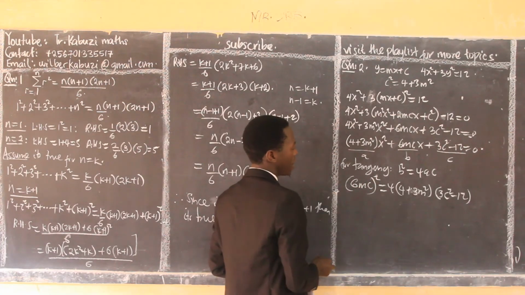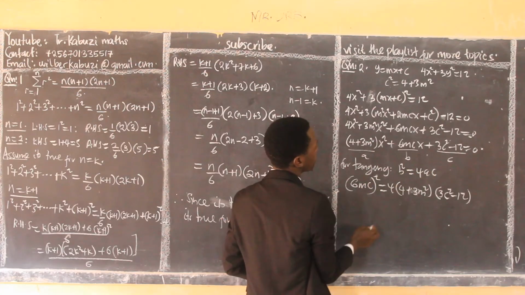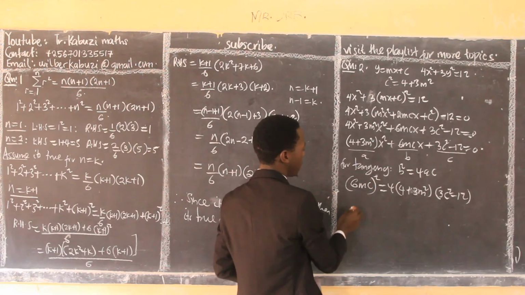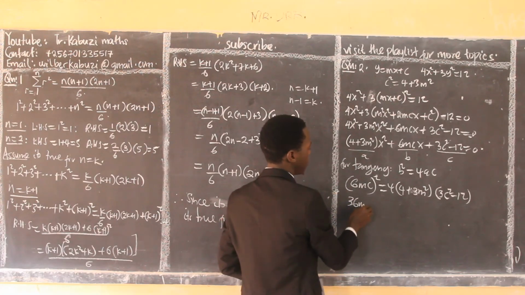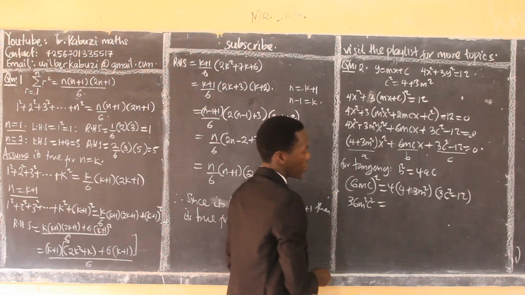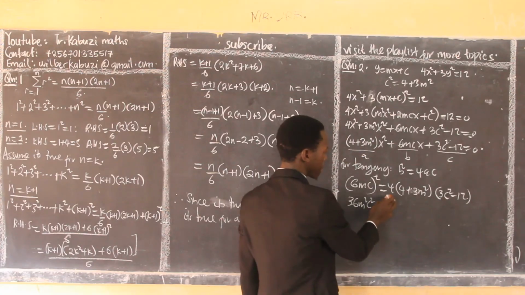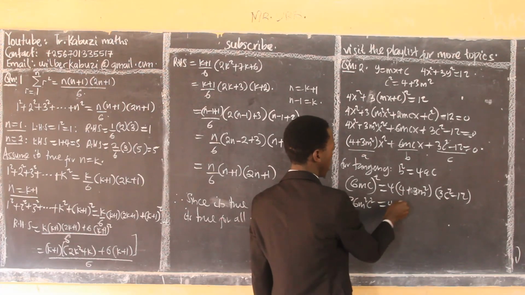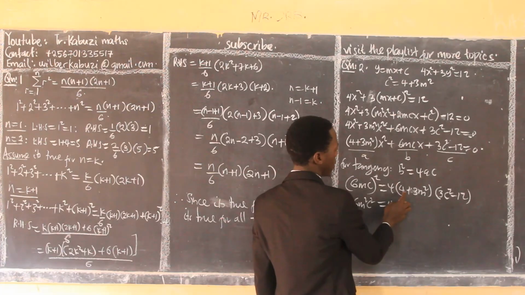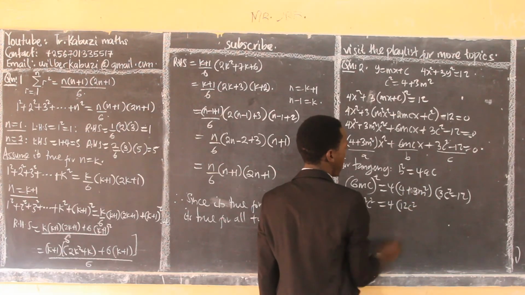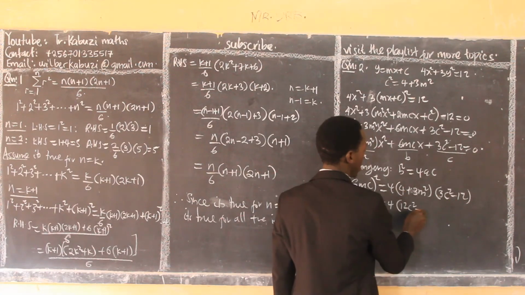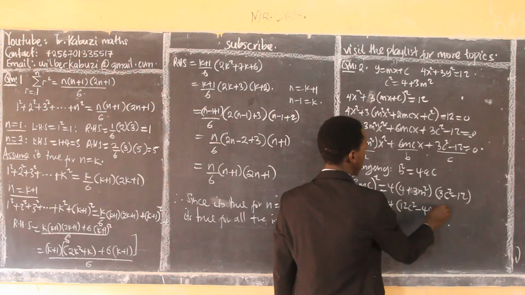So this is going to give us, when I square this, I get my 36m squared c squared equivalent to 4 into, this will be 4 times this will get 12c squared. 4 times this will get minus 48.